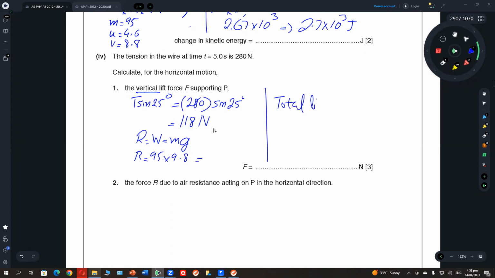Total lift will be equal to 118 plus R. So you get this answer. R will be equal to the mg. So we'll get 1049. 1049. So it will be 1050.